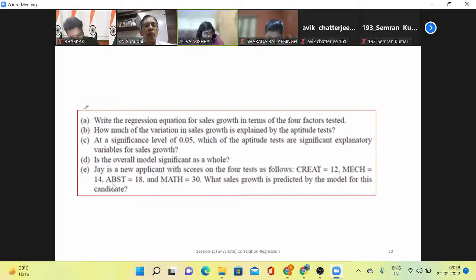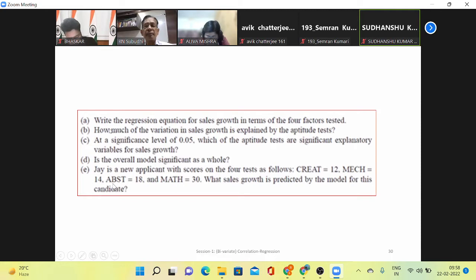After that is 0.745 absent, plus 0.420 math. The equal sign is wrongly there, it should not be there, a plus symbol will be there. Are you getting what Aliva was telling? Yes, sir.